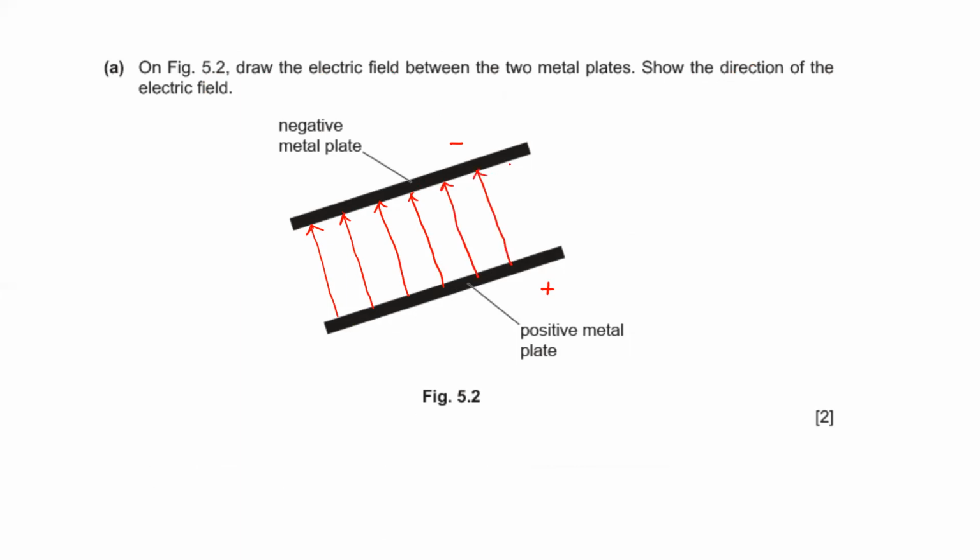On the outside, draw a curved line like this. This is the fringing effect that happens at the boundaries, and it shows the examiner you have a very good concept of this. So the 2 points are for drawing equidistant lines from positive to negative and showing the fringing effect. Make sure you do not make this mistake in the exam.